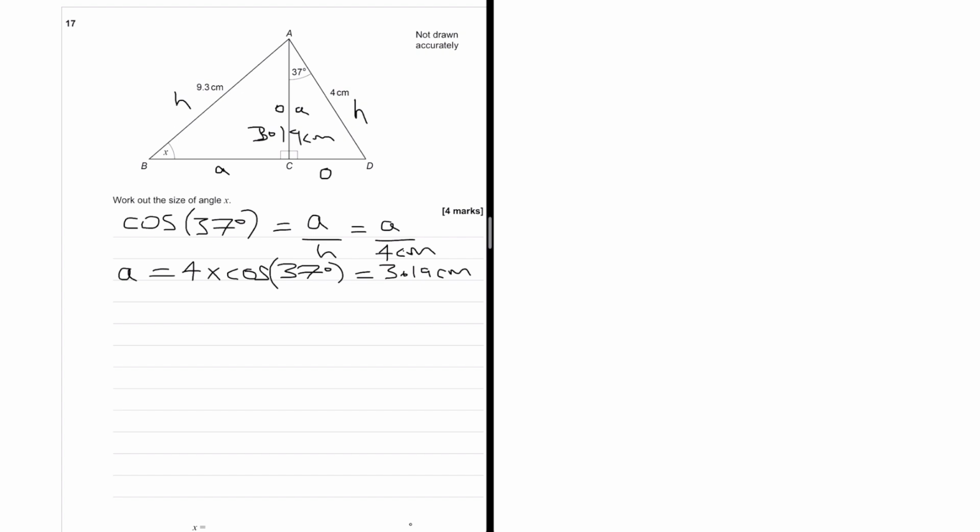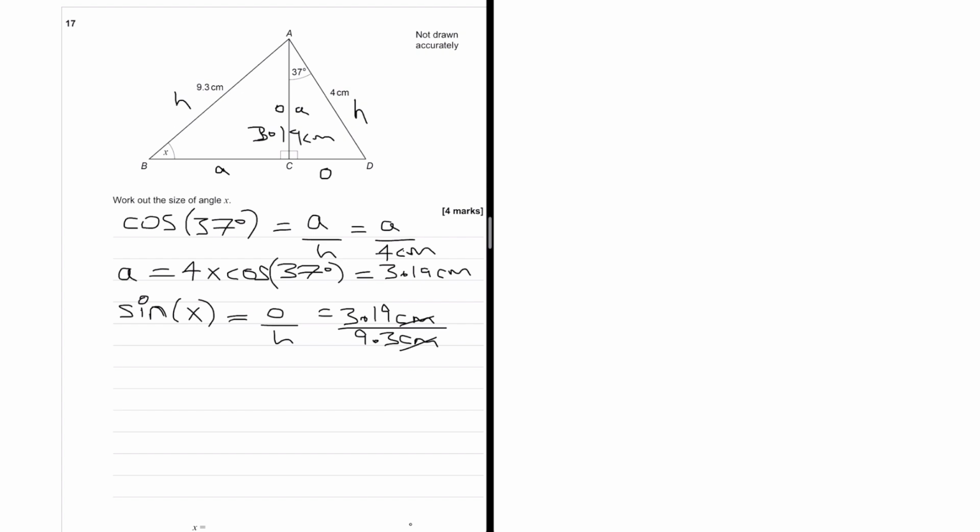So now for this left-hand triangle, we have the opposite side, we have the hypotenuse, and therefore we can use sine of x. So remember SOHCAHTOA. So we have sine of x equals opposite over hypotenuse, which equals 3.19 centimeters over 9.3 centimeters. And we just get rid of the centimeters, it doesn't matter.